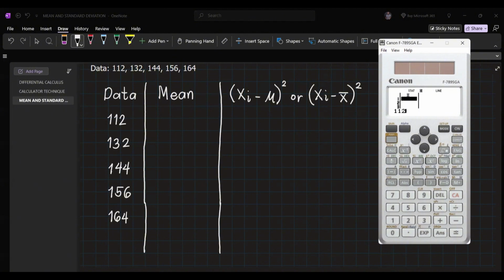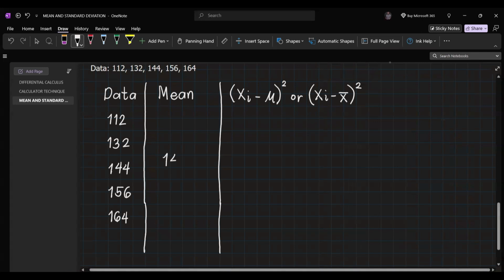Input lang natin, 112, 132, 144, 156, 164. So, press natin CA, apps, and then 5. Select natin si 2. 141.6. So, yung mean natin ay 141.6.